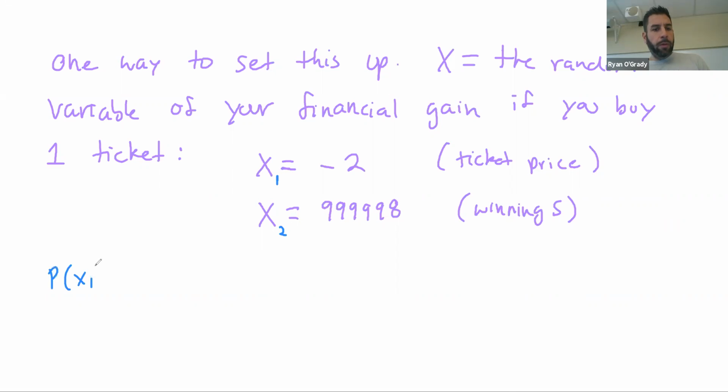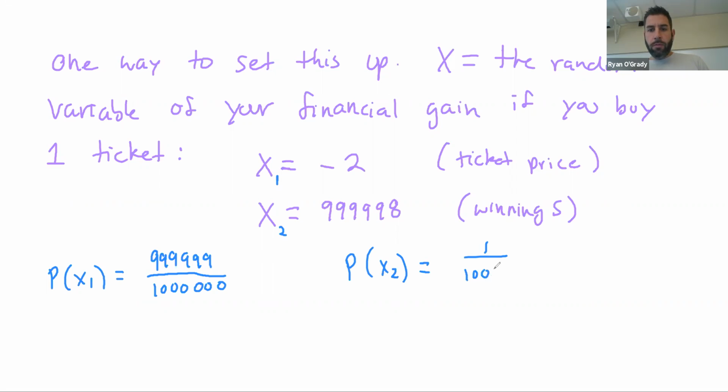The probability that X1 occurs, what's the probability you lose? Well, that's very high. That's 999,999 because there's only one winning ticket, and that's out of 1 million. And then the probability that you happen to win is 1 over 1 million.